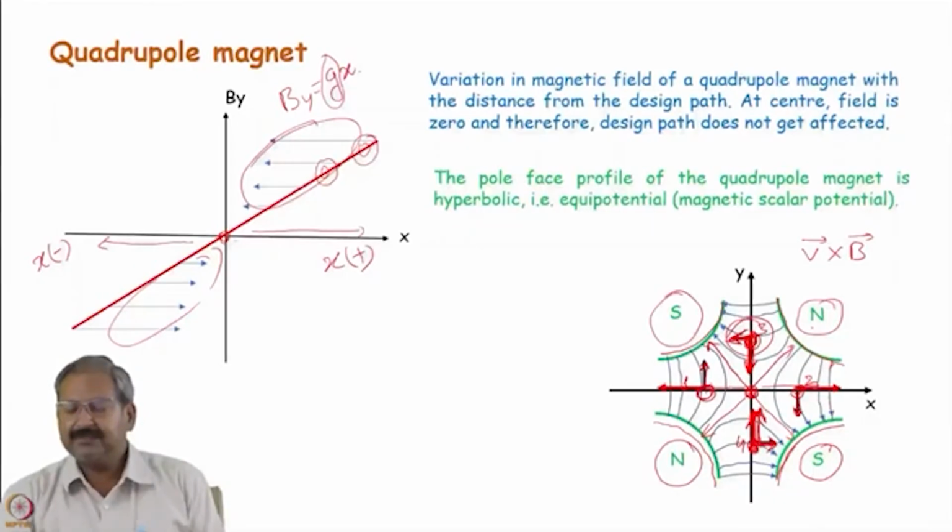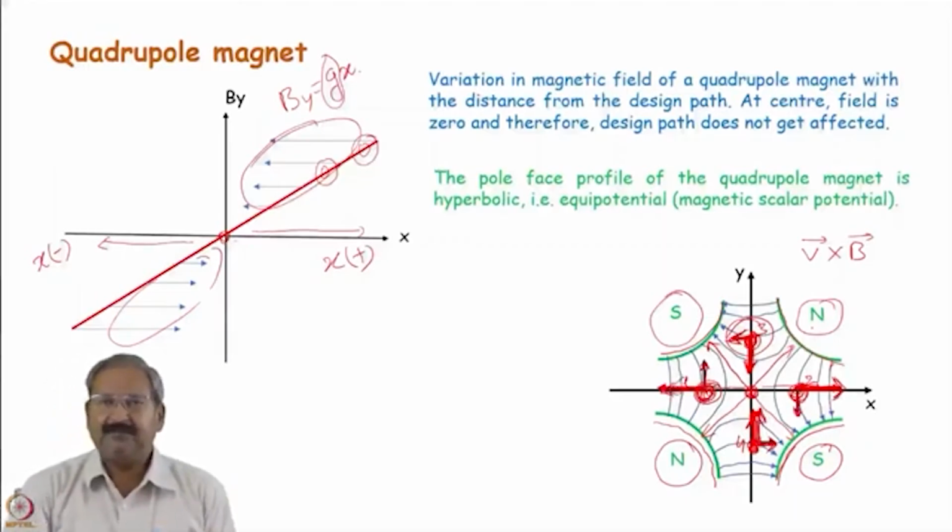Now suppose the deviation is in the horizontal axis. If you take the positively charged particle which is coming outside, similar to the case of points 3 and 4, you will see that the direction of force will be away from the axis. So this is not desired here. This means this type of quadrupole magnet is focusing in the vertical plane while it is defocusing in the horizontal plane.